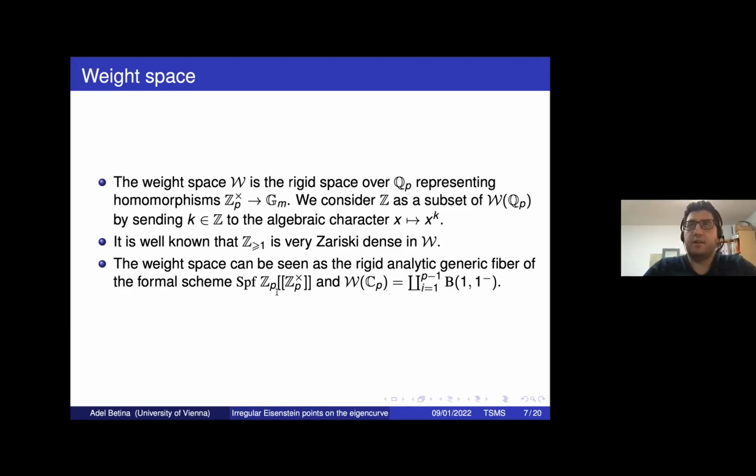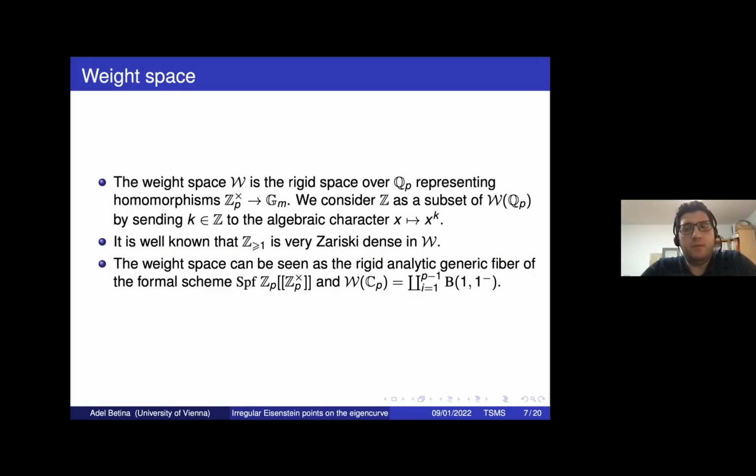This is like a copy of the Iwasawa algebra that we have seen before, p minus 2 copies. Or if you want to see it directly as a subspace of C_p, of Q_p bar, it's a union of disks of center 1 and radius less than 1, open disks, and radius 1. But for the p-adic topology, of course. So it's quite easy as a space. It is smooth and nice.